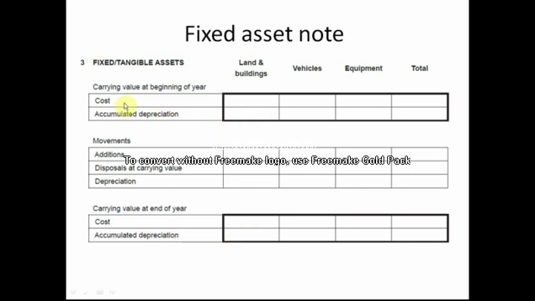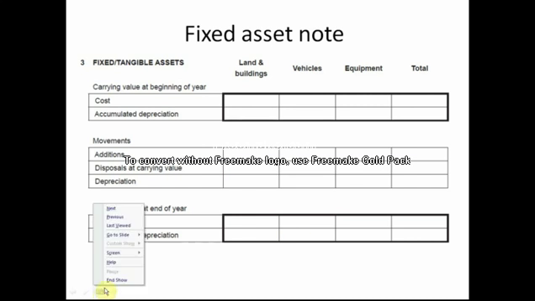The next one we have to focus on is cost. So if we take the cost at the beginning of the year, we add the additions, which is at cost, during the year, and we subtract disposals, not at carrying value but at cost, during the year. We will get the costs at the end of the financial year.